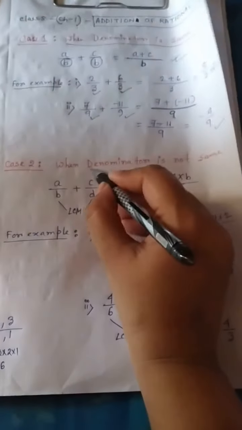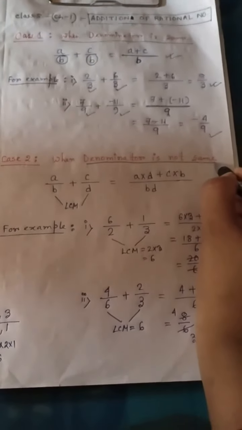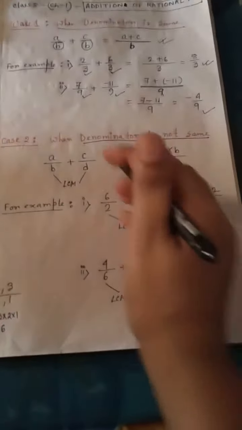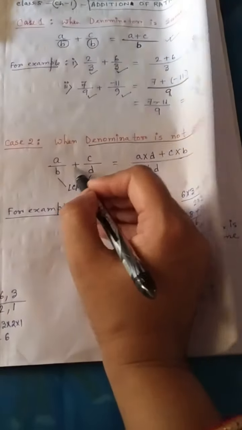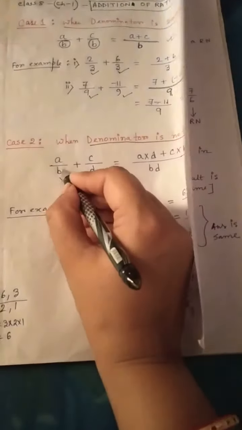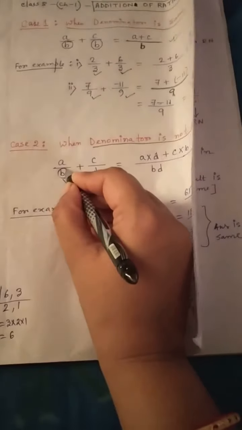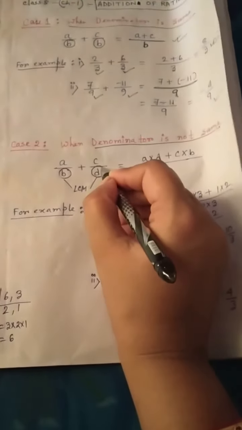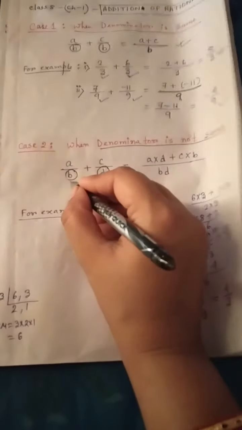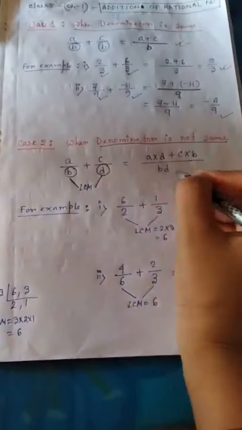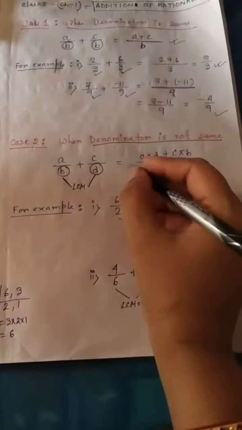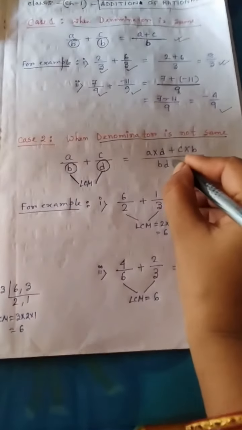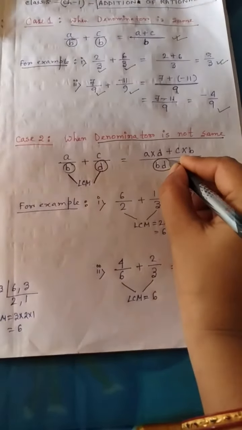Now the second case is when the denominator is not the same. Let a by b plus c by d. Here the denominator is b and here the denominator is d. At that time, first we find the LCM of both numbers. Obviously the LCM of both is b into d.